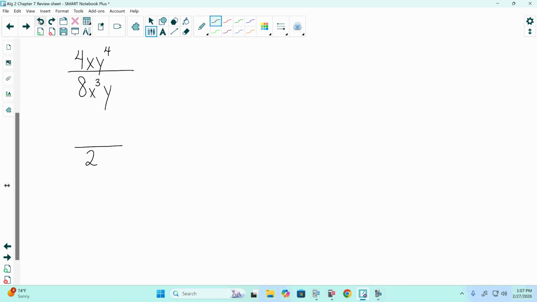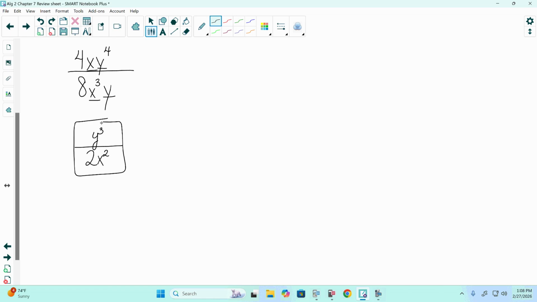Well, let's look at our other variables first. Our next one, x over x cubed. When we divide like bases, we subtract the exponents. So 3 minus 1 is 2. And since it's bigger on bottom, it's going to stay on bottom. And lastly, y to the 4th over y. 4 minus 1 is 3. And since it's bigger on top, it's going to stay on top.